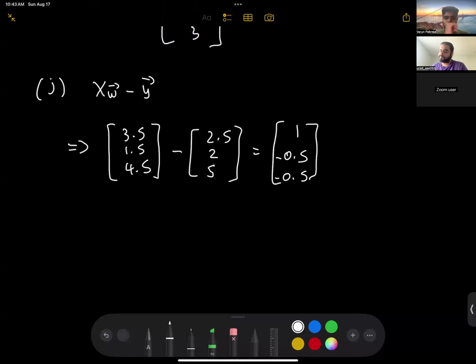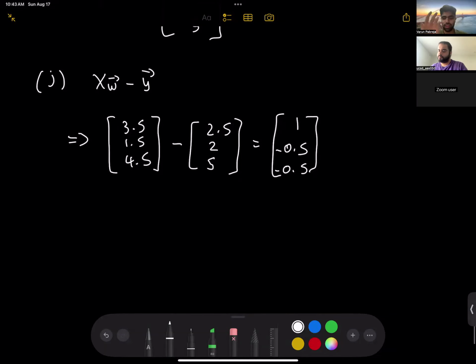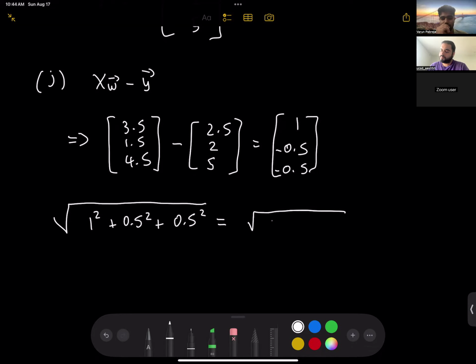And then you want to take the length of the vector, so just take the L2 norm and square root it. That should give you the square root of 1.5. Yeah, perfect.